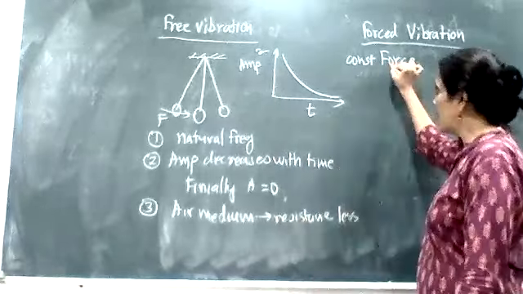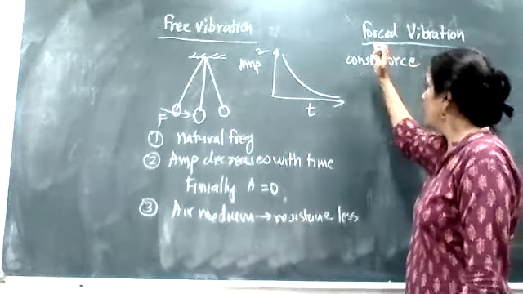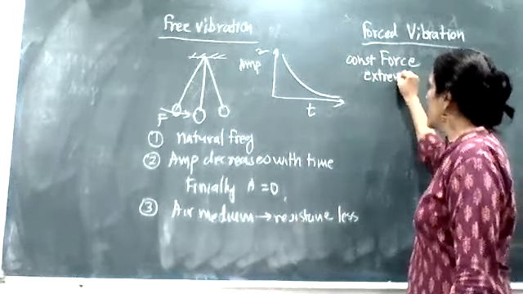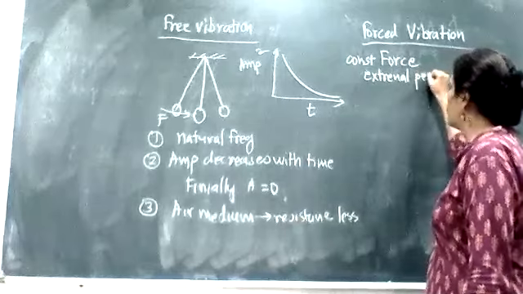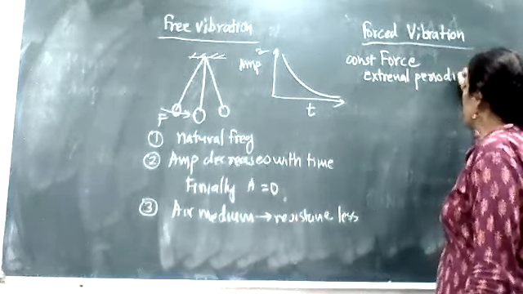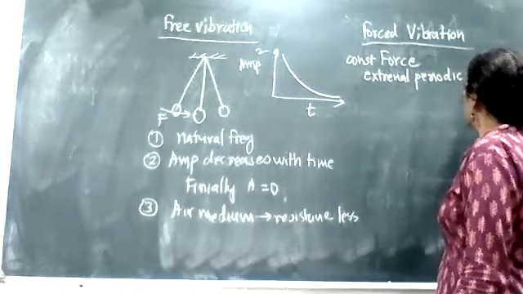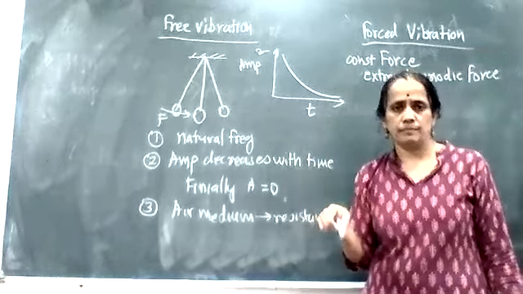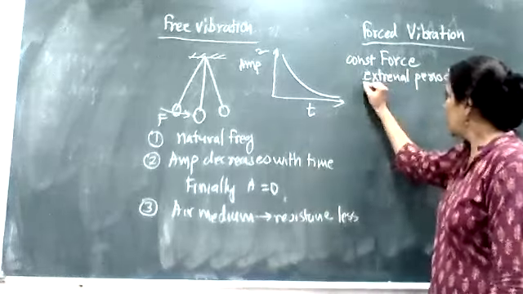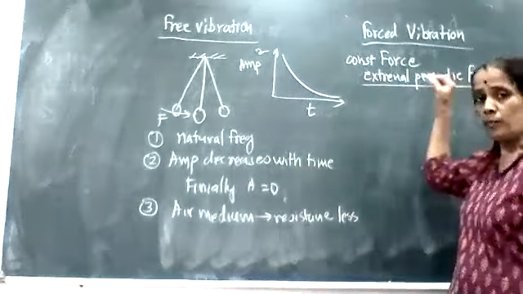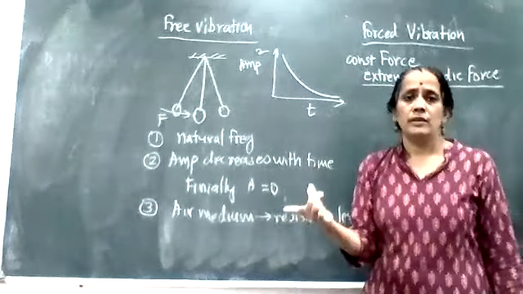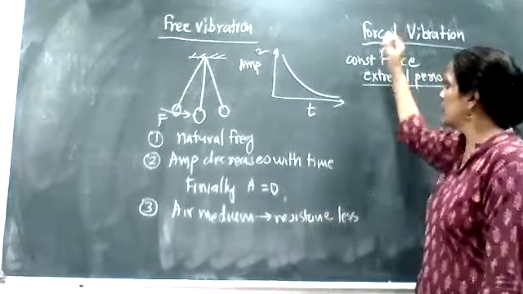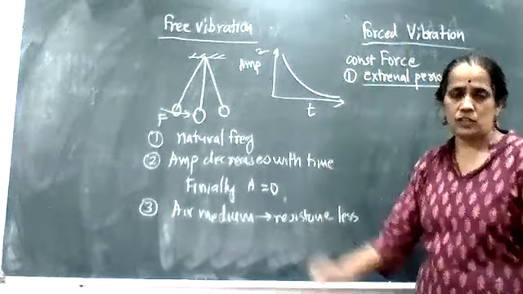But while operating the drilling machine, I always want some constant force, which is called an external periodic force. Why is it called periodic? Because the magnitude of that force will remain constant. So when an external periodic force acts on the drilling machine, it shows vibration, and that vibration is called forced vibration.